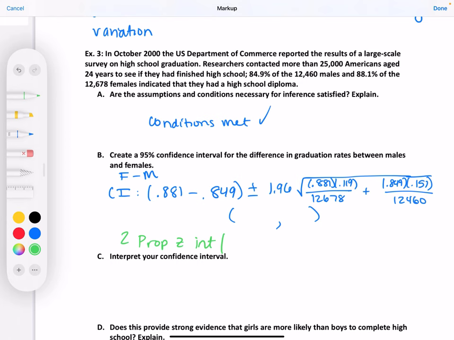You may actually have to find the counts from the percentages. So you may have to do 84.9% of this number to plug in your x1 and your x2. Women first, so this would be n1, this would be n2. To get x1, it's this percentage of this number. So you would have to do 0.881 times 12,678, and then it has to be rounded to the nearest whole number.